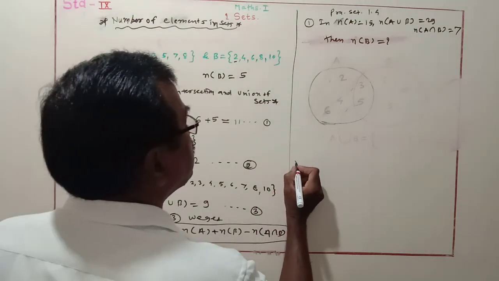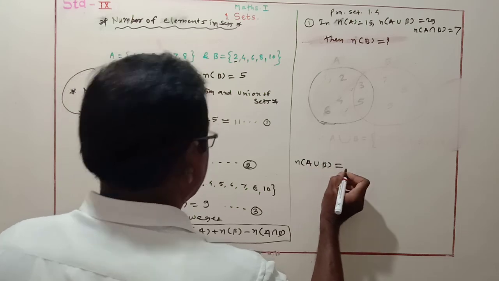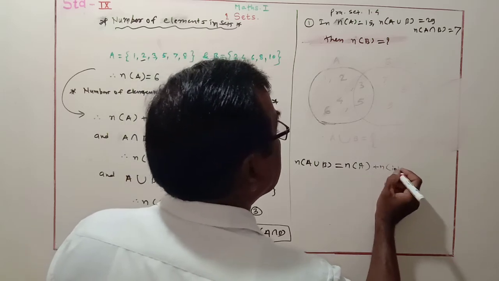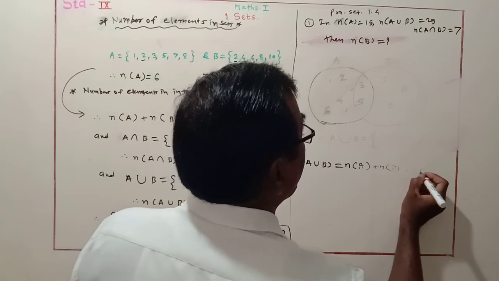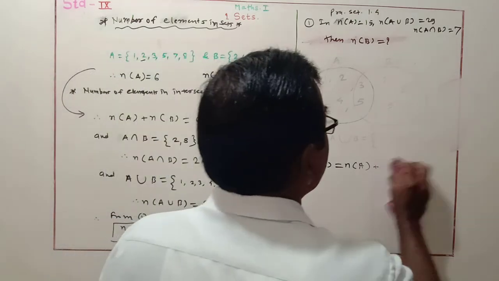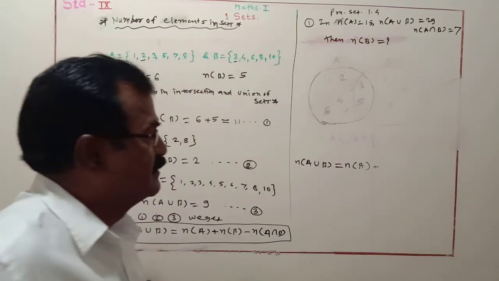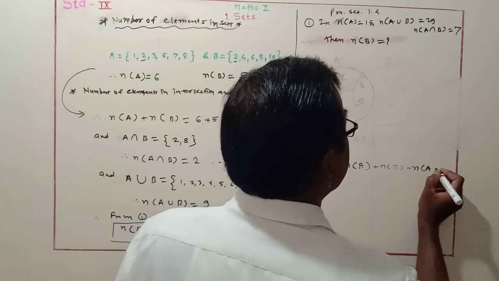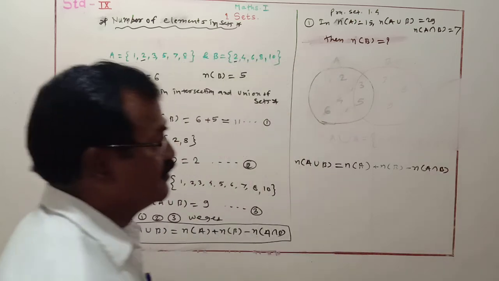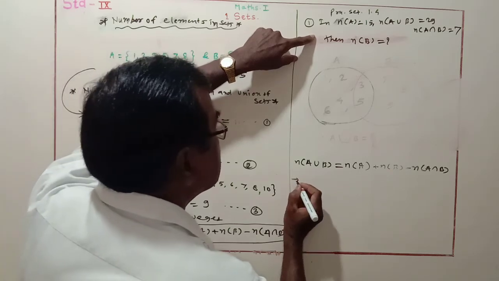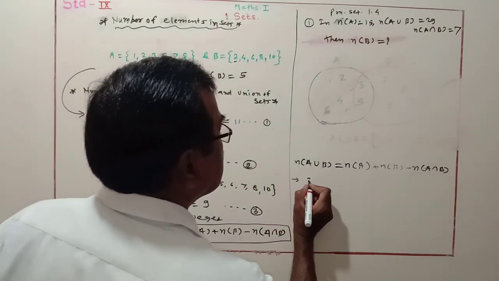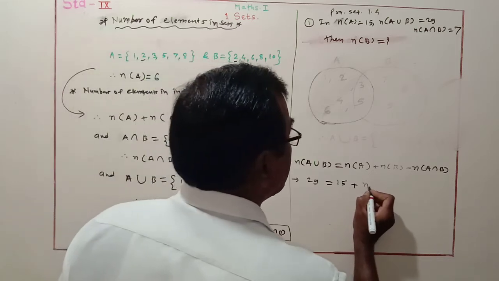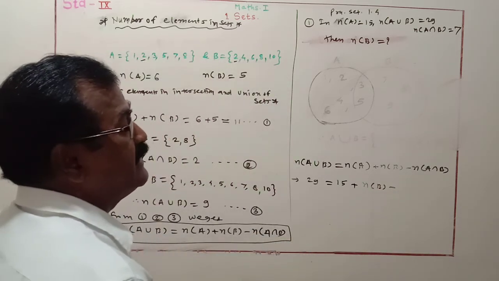This formula is n of A union B is equal to n of A plus n of B minus n of A intersection B. Put the given values in this. n of A union B is given 29, n of A is given 15, plus n of B is unknown, and minus n of A intersection B is 7.